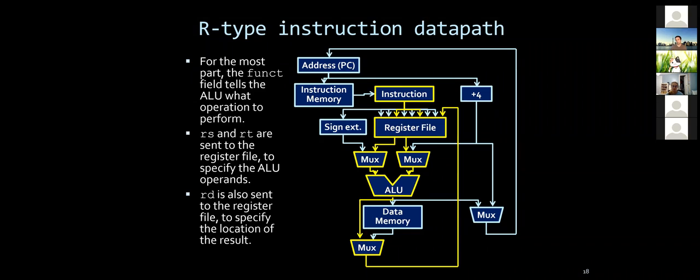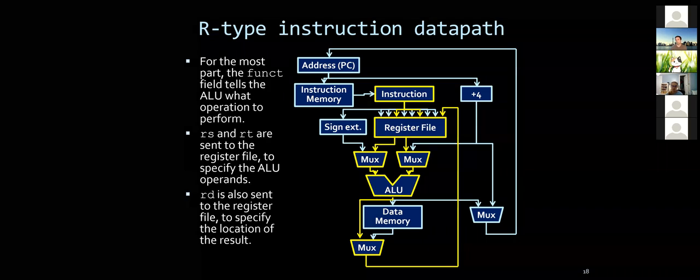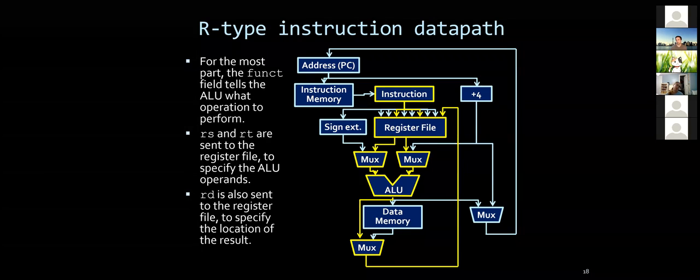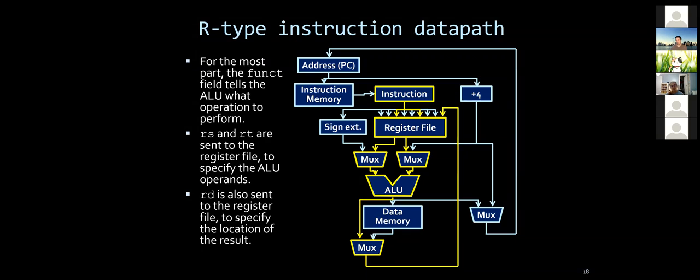This is the specific data path you're going to follow for an R-type instruction. So if someone ever asks you what the data path is for this instruction, this is essentially what you're showing: a sequence of steps, either in color or in plain text, of what happens step by step. So you see, not everything is invoked all the time.